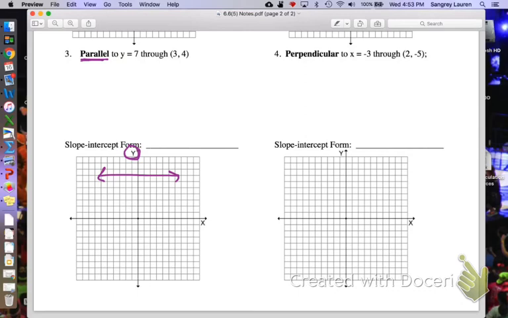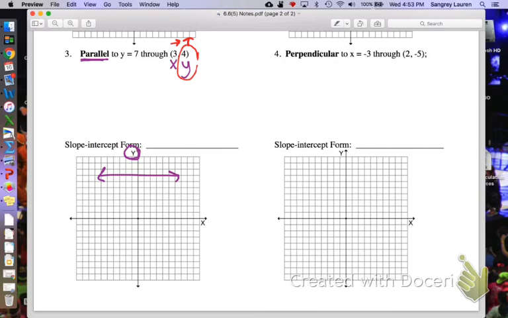Now, the point that they give us is 3, 4, and we know that x is always first, y is second. So the y value is 4, which means if I went to the right 3 and up 4, let's just find that point on our graph.